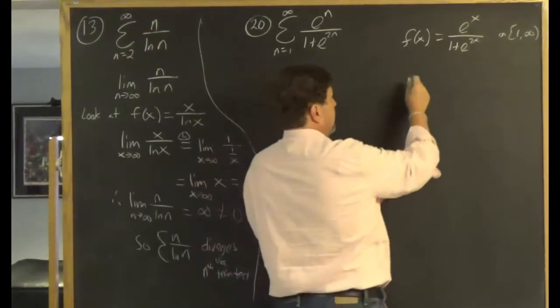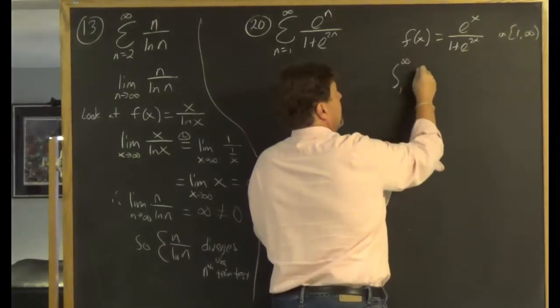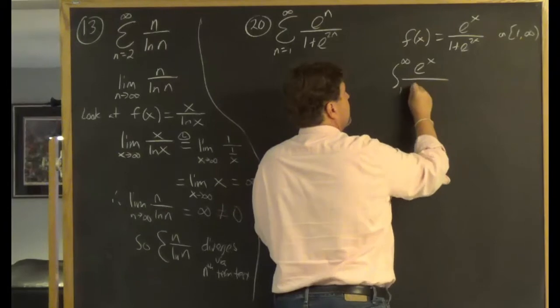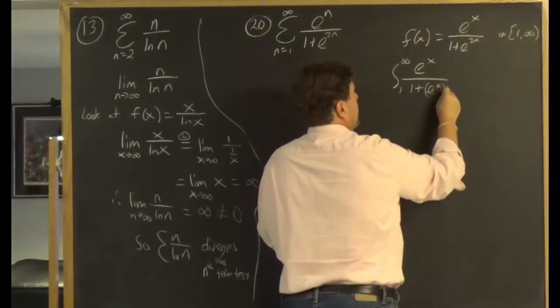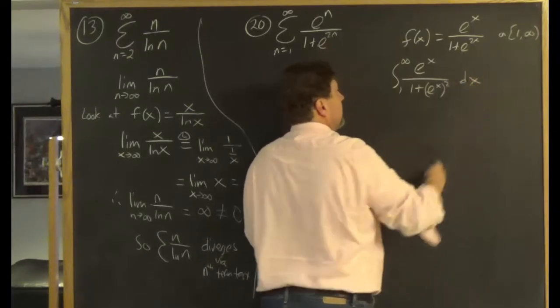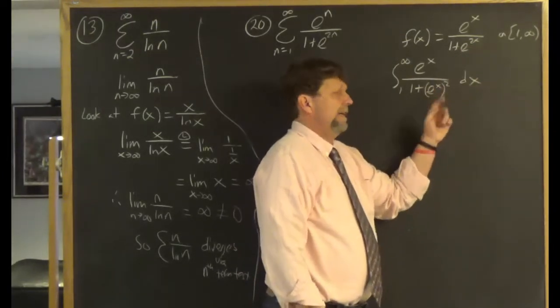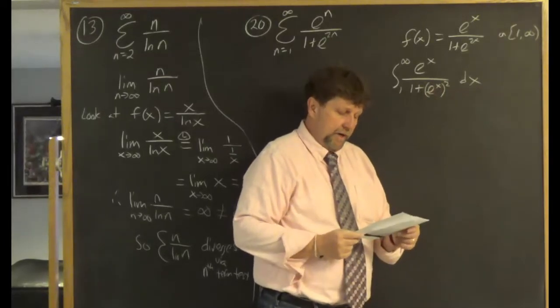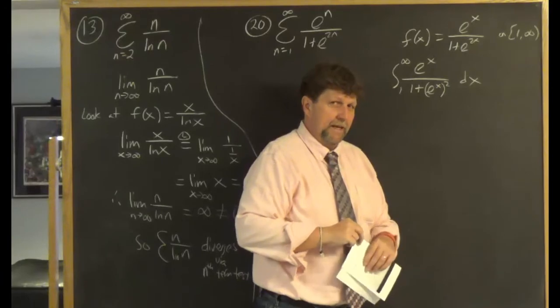In other words, let's look at integrating e to the x over 1 plus e to the 2x dx. Now notice I rewrote e to the 2x as e to the x quantity squared. See what the antiderivative will be?